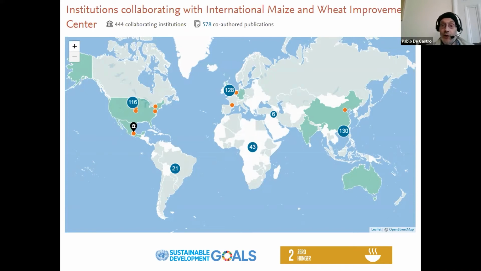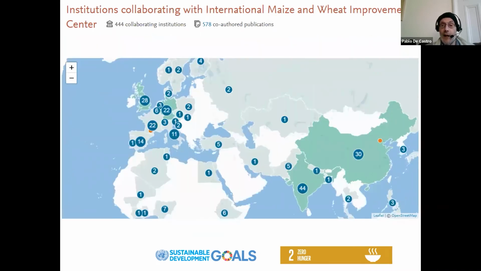If we have a deeper look into the distribution by countries of these institutions that are collaborating in this work to make resilient agriculture, as part of this number 2 Sustainable Development Goal of the United Nations, India happens to be the country with the largest number of organizations collaborating with this initiative, followed by China, and then a number of European countries well represented as well.